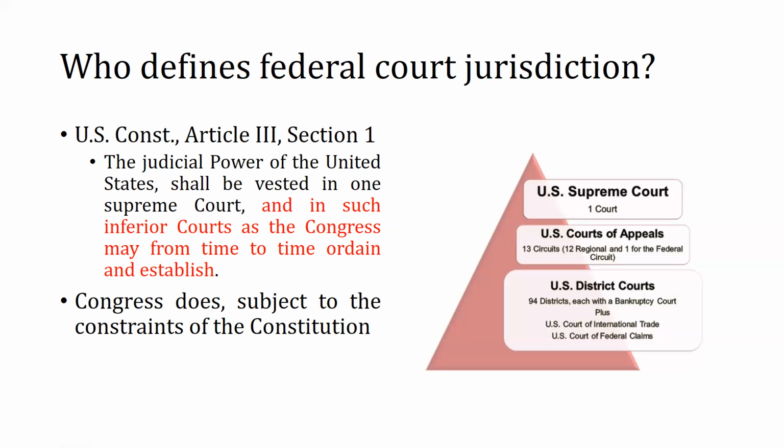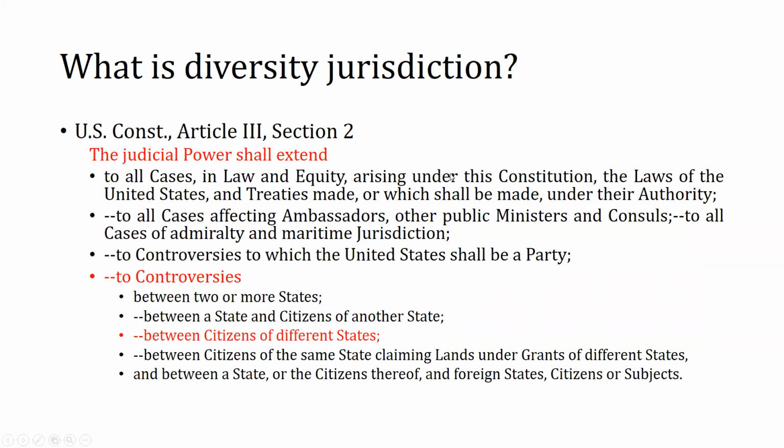So let's turn now to what diversity jurisdiction actually is, what that judicial power consists of. Well, US Constitution Article 3, Section 2 tells us what that judicial power consists of. It says the judicial power shall extend to all cases in law and equity arising under this Constitution, the laws of the United States and treaties under their authority.